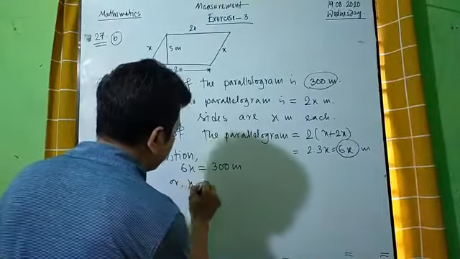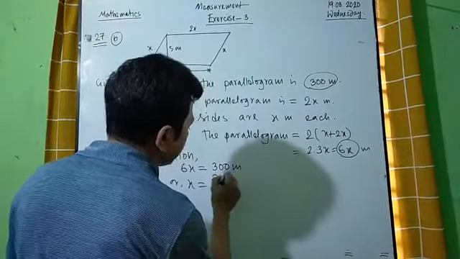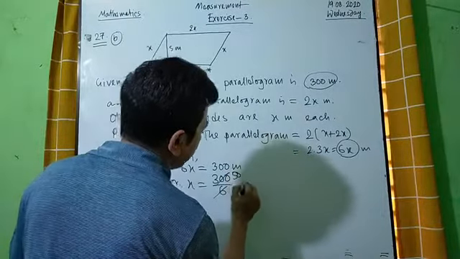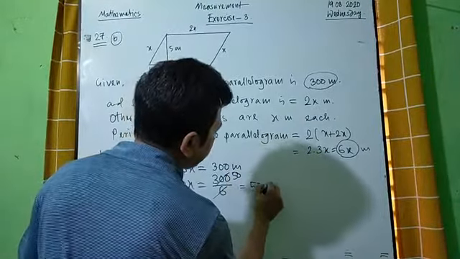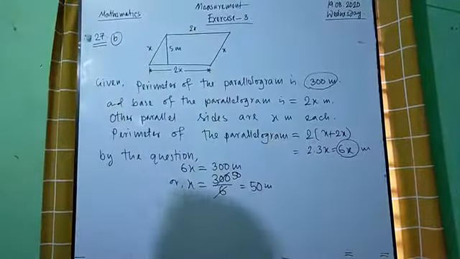So x equals 300 divided by 6, so it is 50. So x equals 50 meter.